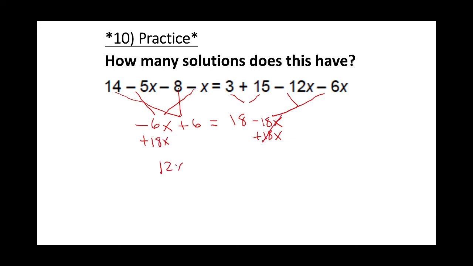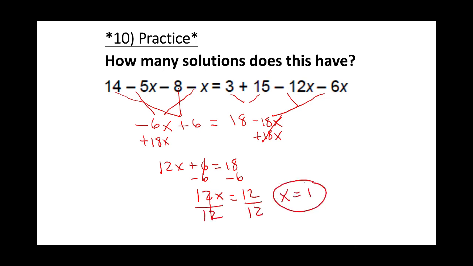I get 12x plus 6 equals 18, minus 6, minus 6, 12x equals 12, divided by 12, divided by 12, x equals 1. This is an exact statement, so that means one solution.